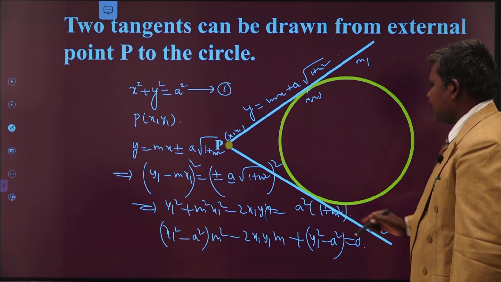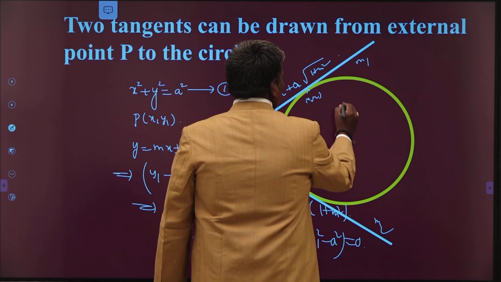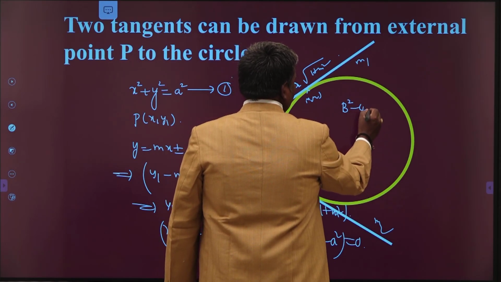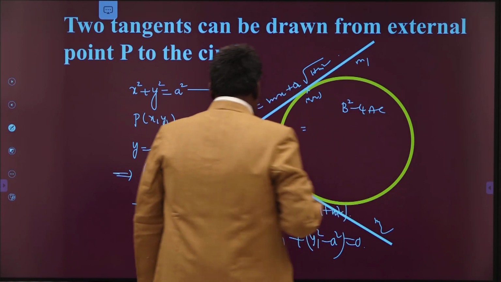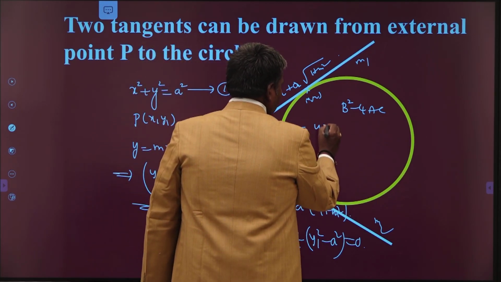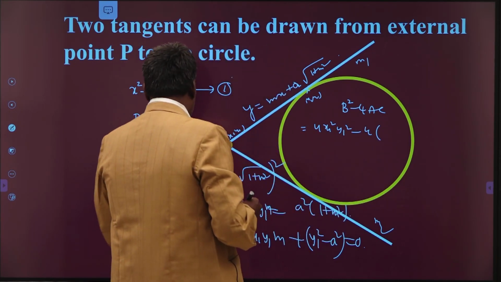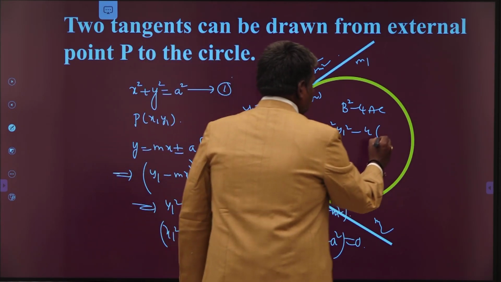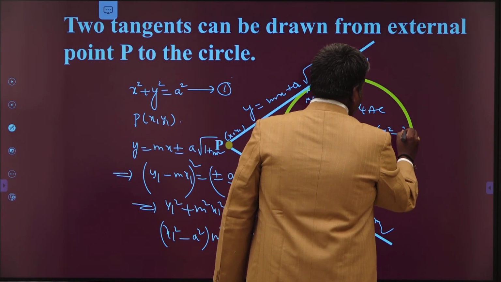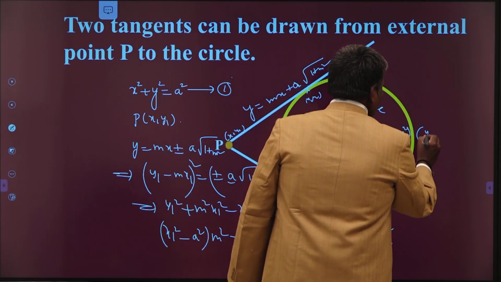Now this is a quadratic equation in m. Now I would like to find its discriminant. What about my discriminant? b square minus 4ac. What is your b square? 4x1 square y1 square, minus 4 times a, which is x1 square minus a square, into c, the constant, y1 square minus a square.